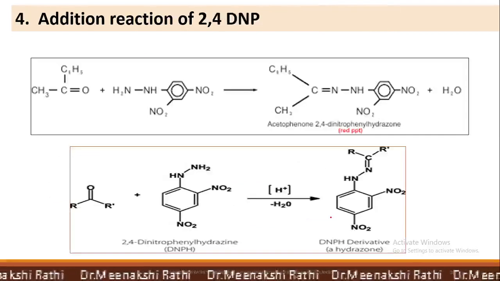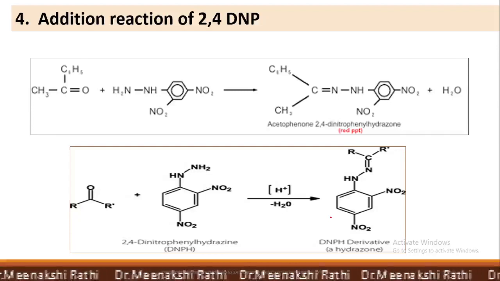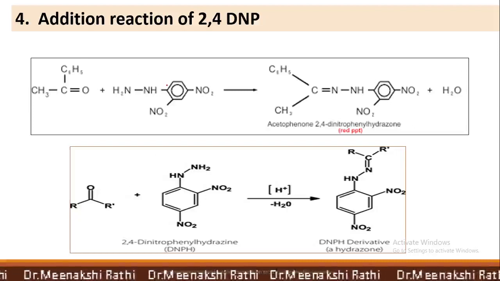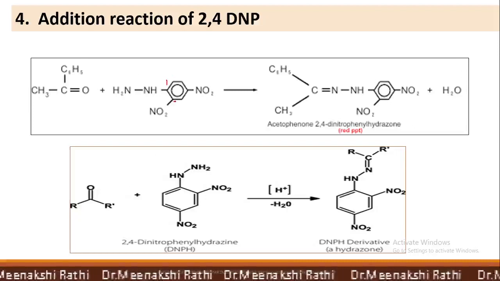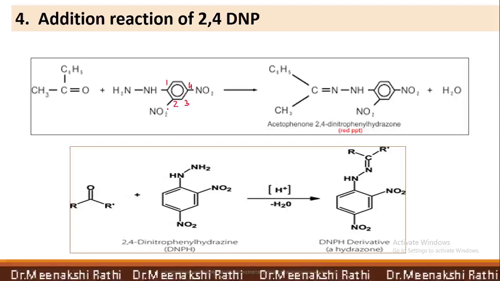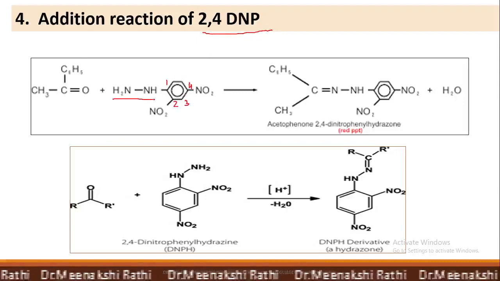Now the addition reaction of 2,4-DNP. 2,4-dinitrophenylhydrazine. This is 1, 2, 3, 4, so it is 2,4-dinitrophenylhydrazine.